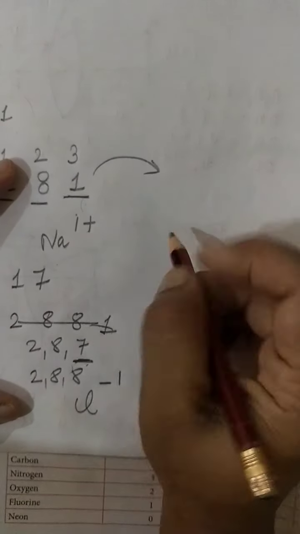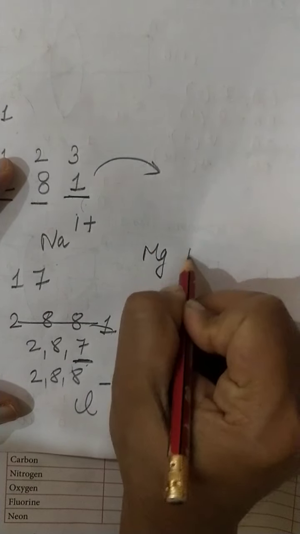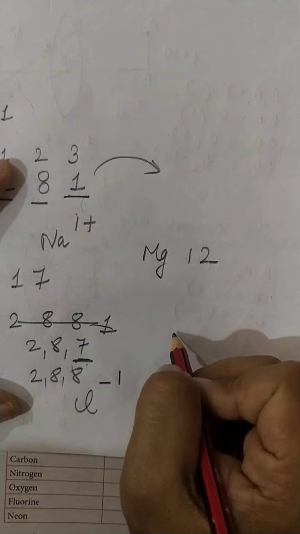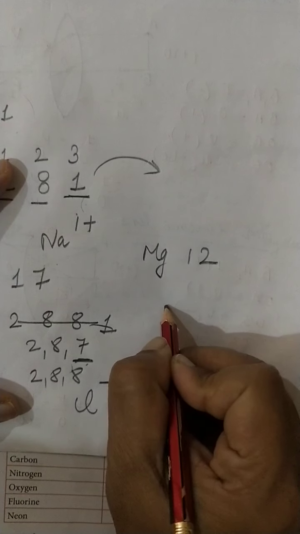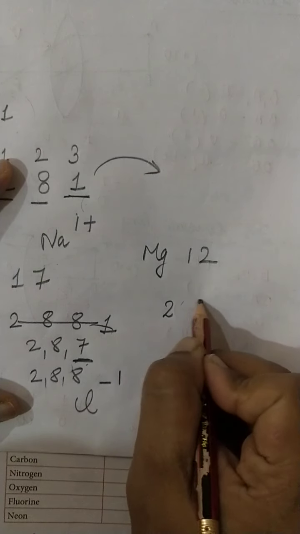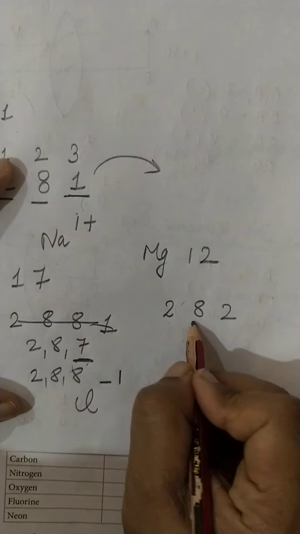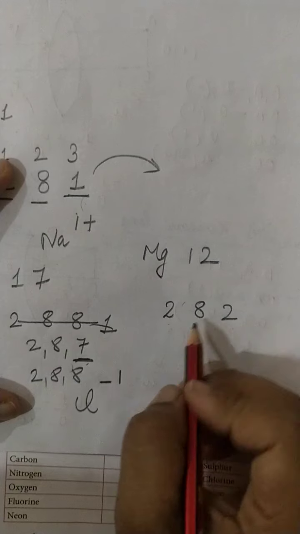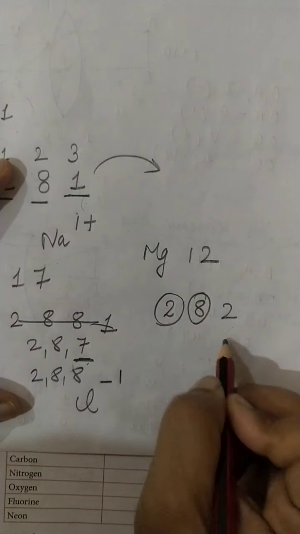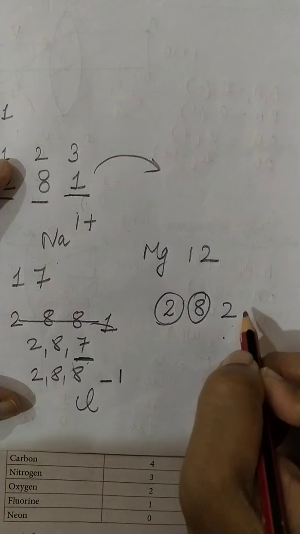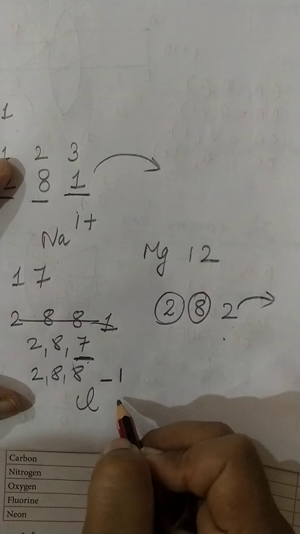One more example. Magnesium, atomic number 12. Number of electrons 12. Now first shell contains 2, second shell contains 8, third shell contains 2 because 2 are left. 2 plus 8 is 10, plus 2 is 12. So inner shells are complete. It has 2 electrons extra, so it will give these 2 electrons to other elements.